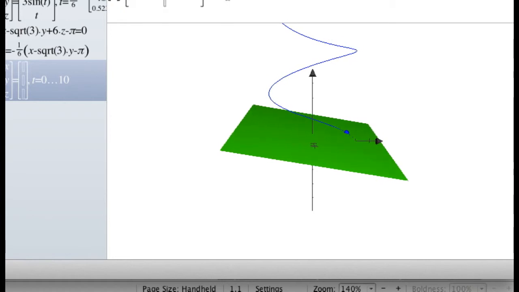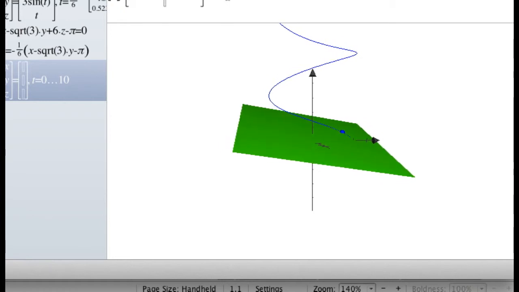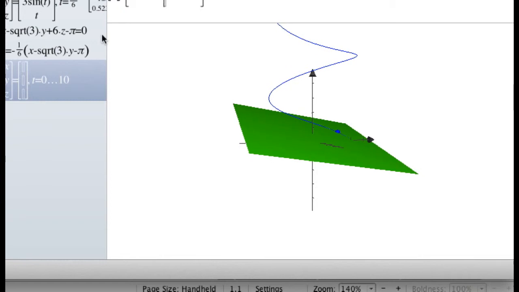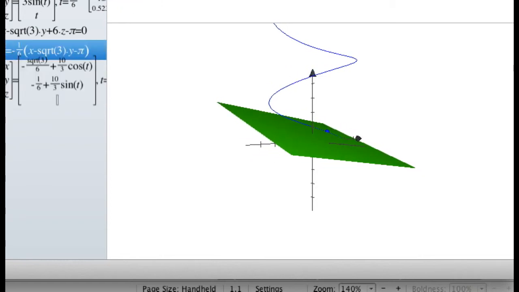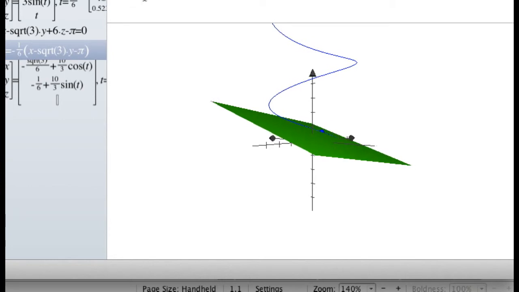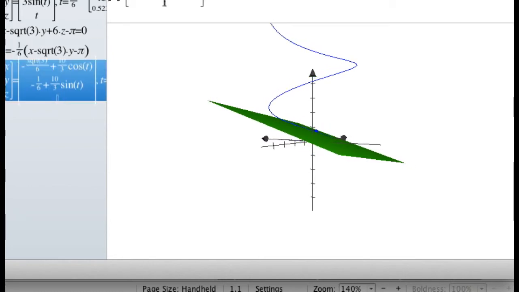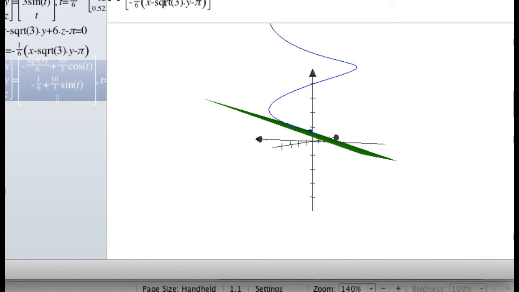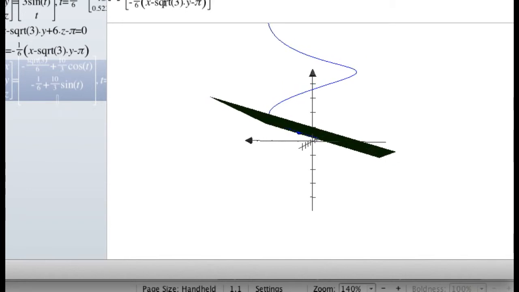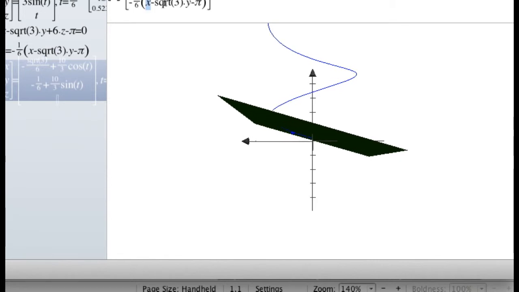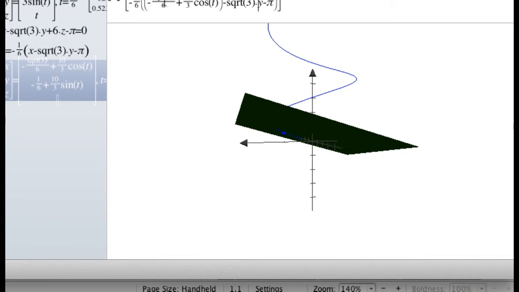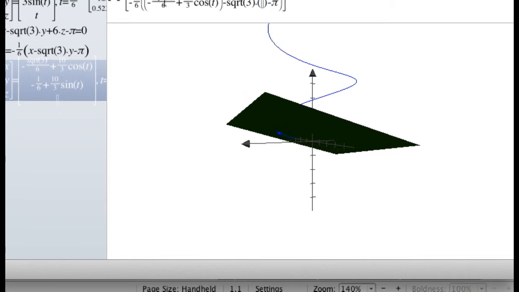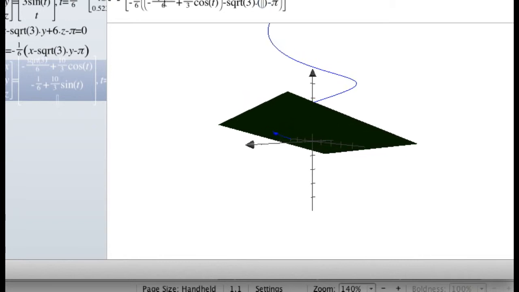Now I need to make sure that these are at the right height. So I'm going to take the equation of the plane that I got, copy this, and replace the x and the y that are in it with the parametric equations I just wrote for x and y. I'm going to replace x with, copy that, change this to parentheses and paste that, and replace y with this.